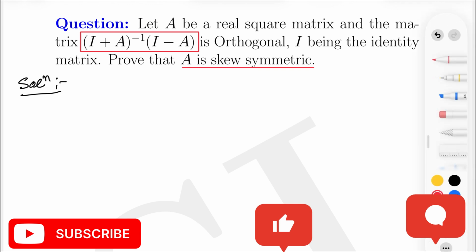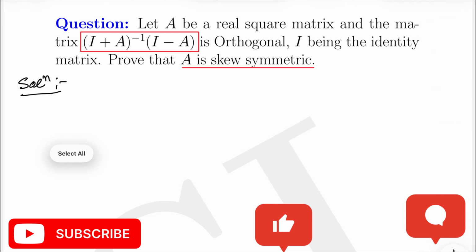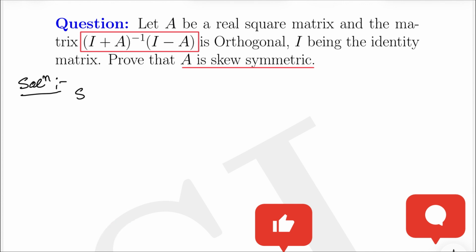So let's start here. What is orthogonal? An orthogonal matrix means A transpose A is equal to identity.